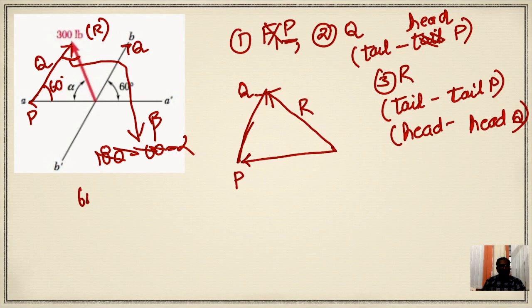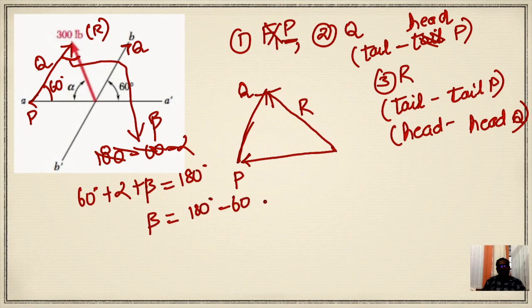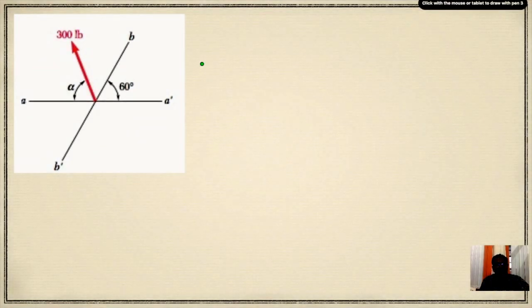So which means 60 degrees plus alpha plus beta should give me a value of 180 degrees. So beta is equal to 180 minus 60 minus alpha, which means beta is 120 minus alpha. Okay, let me just resketch the entire scenario.